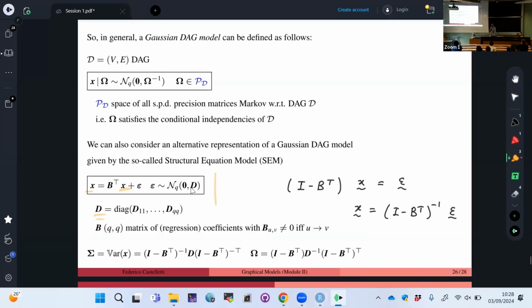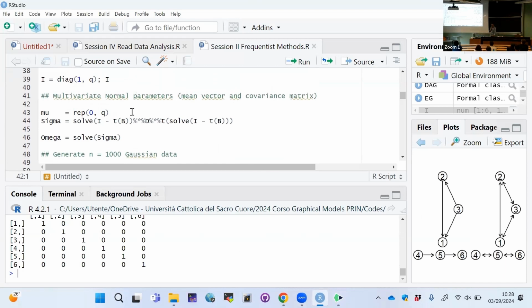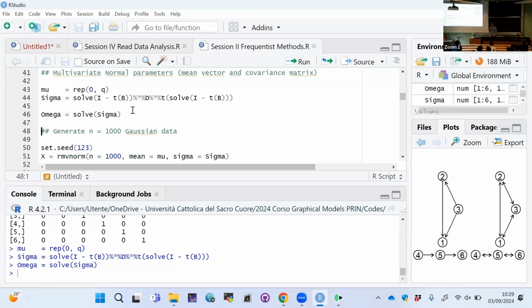While for the mean vector, we assume for simplicity that it is a zero mean multivariate normal, so we can fix mu equal to a vector with q zero entries. So this will be our mean vector. This will be instead sigma, (I minus B transpose) to the -1 times D times (I minus B transpose) to the -1, transposed. You can also recover omega by doing the solve of sigma.